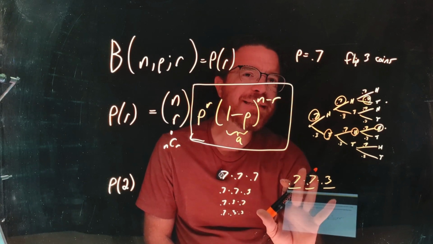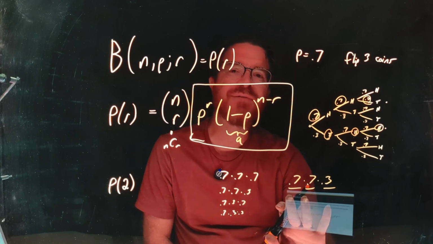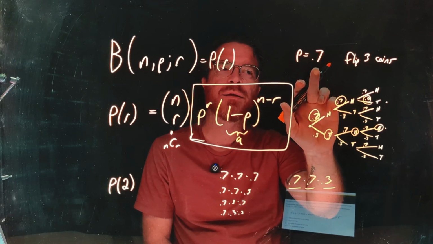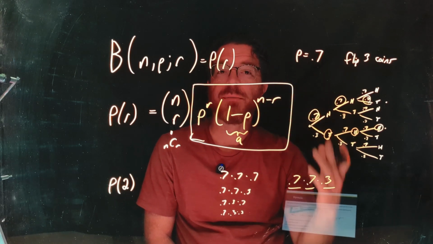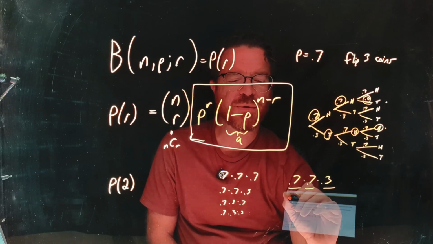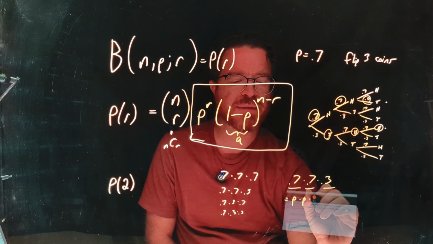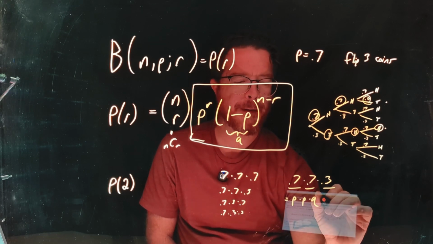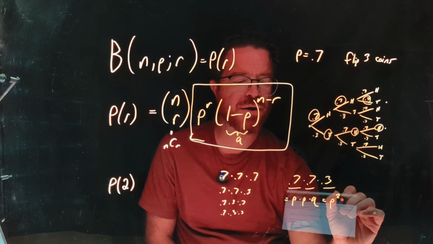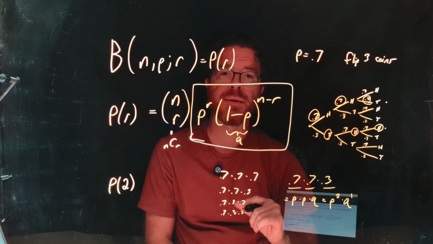Now, I could replace these numbers, because if you remember, 0.7 is P. 0.3 is 1 minus P, or Q. So I could actually rewrite this as P times P times Q, or P squared times Q to the 1.